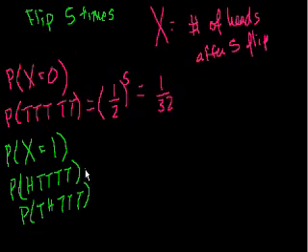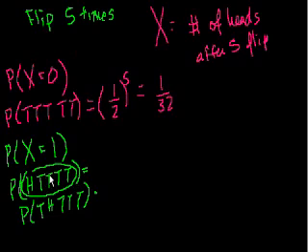So what's the probability of each of these situations? Well, the probability that you get a head is 1/2. Then the probability of your tails is 1/2, times 1/2 times 1/2 times 1/2. So the probability of each of these situations is 1 over 32, just like the probability of this particular situation. In fact, the probability of any particular order of heads and tails is going to be 1 out of 32.